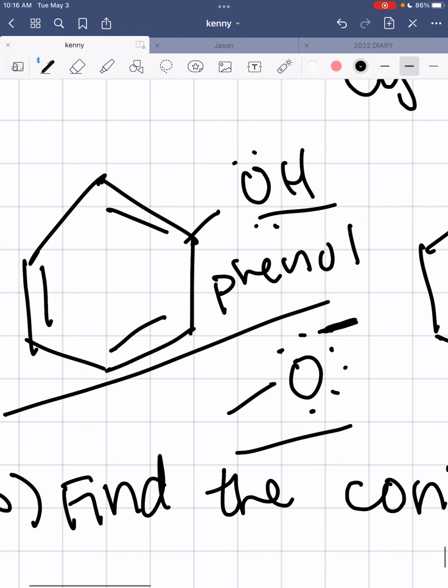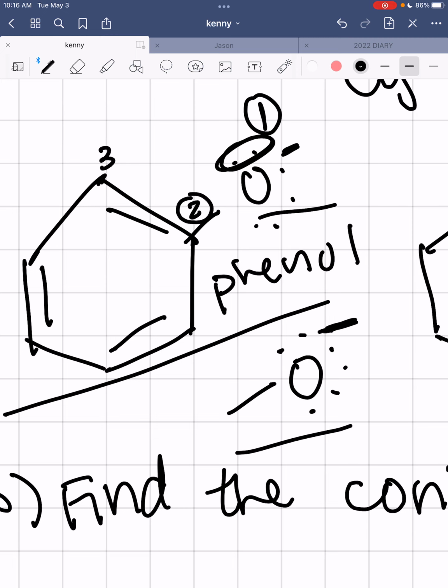You label the atom with the lone pair as 1, the middle atom as 2, and the atom with the double bond as 3, and then visualize it like this.